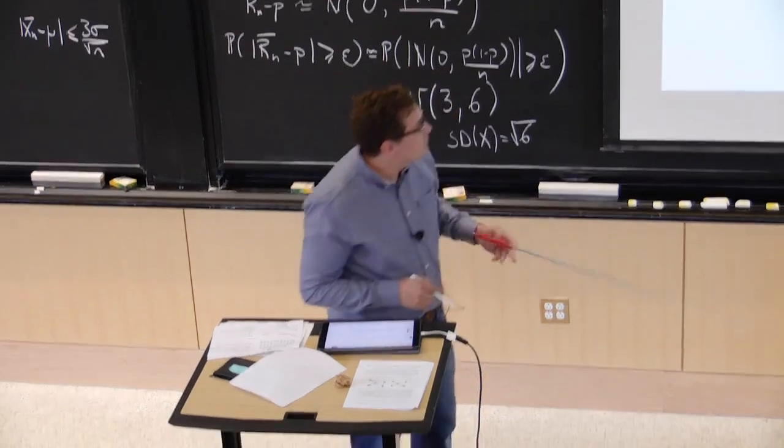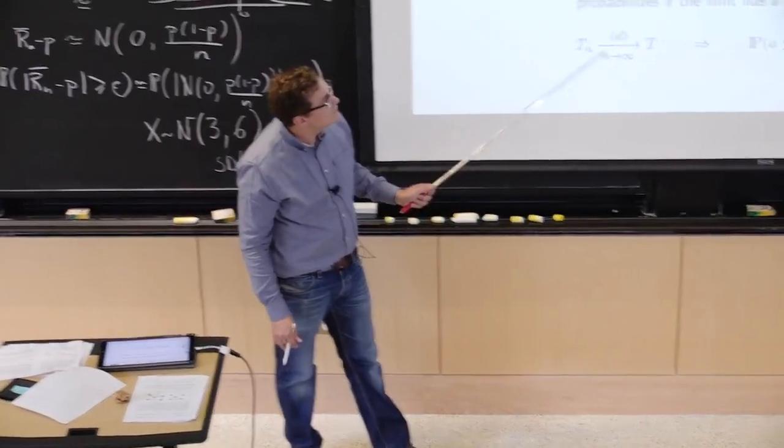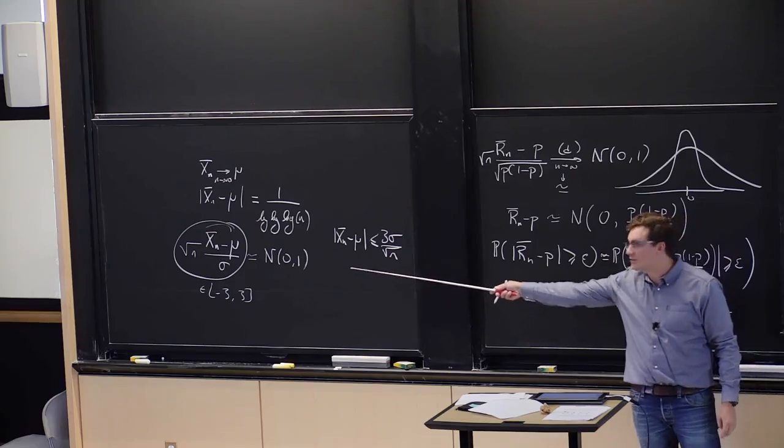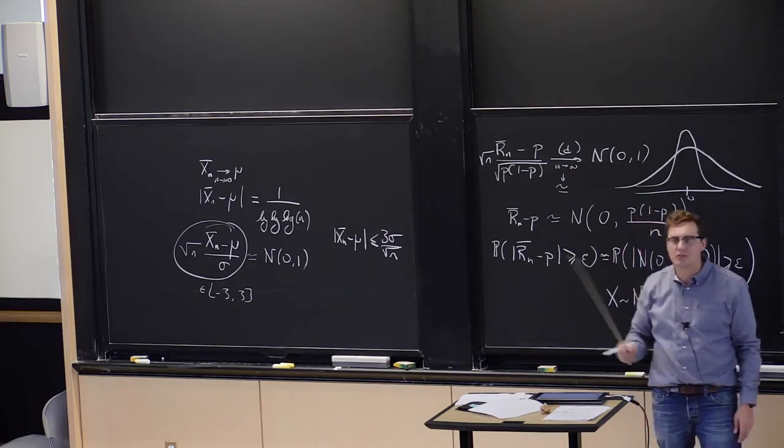So as I said, the convergence in distribution that we're interested in is essentially this thing. There's an extra regularity condition, which is continuity of the CDF of T, which is implied by the fact that, for example, I have a density. If T has a density, which will typically be the case for us because we're thinking of the central limit theorem, so it's going to be a Gaussian. It does have a density. I showed it to you.